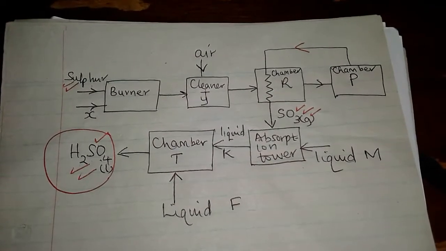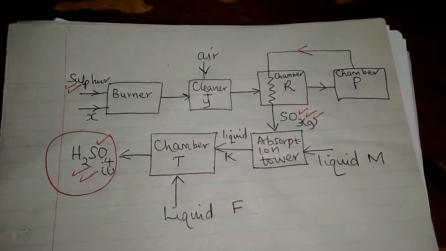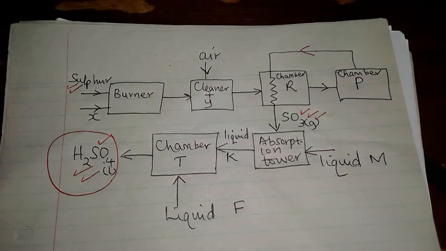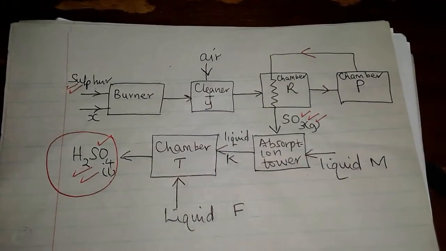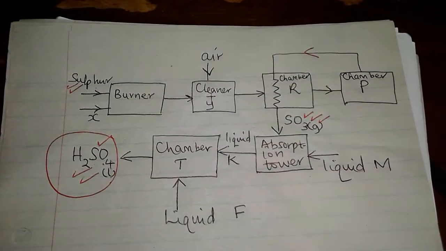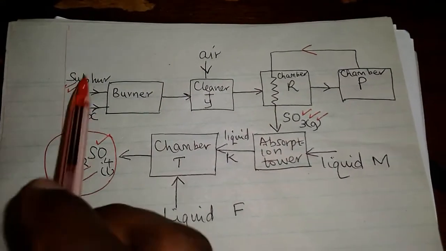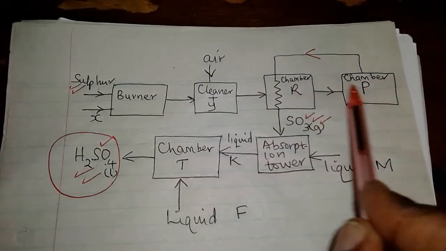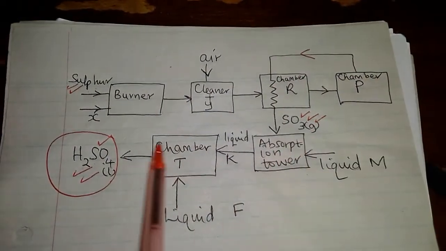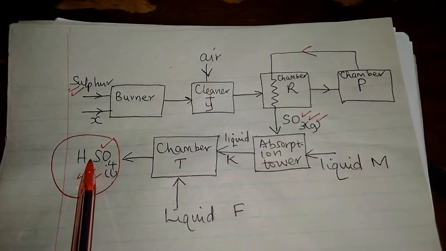Now, always, if you get such a question in any examination you may come across, please always be able to know where the process starts and where the process ends. I've said this is the starting point of the process as per the way we are seeing these arrows, and this is the end point of our reaction.